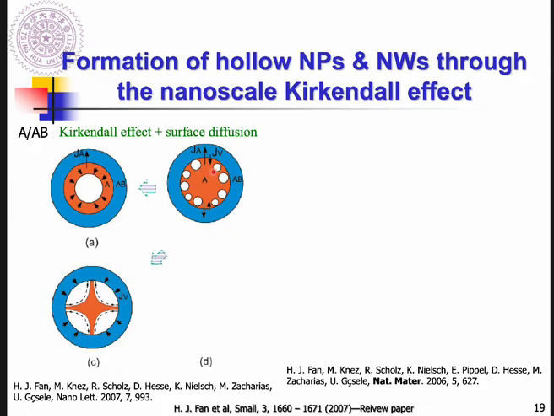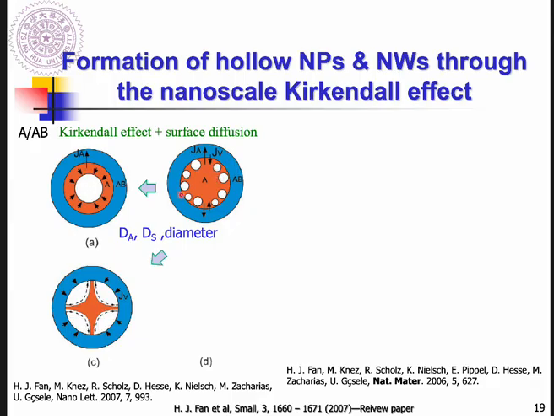And depending on the diffusivity of atom A, the diffusivity and the diameter of this nanoparticle, and also the diffusivity of the surface diffusion, the surface diffusion being on the inner surface of this void.